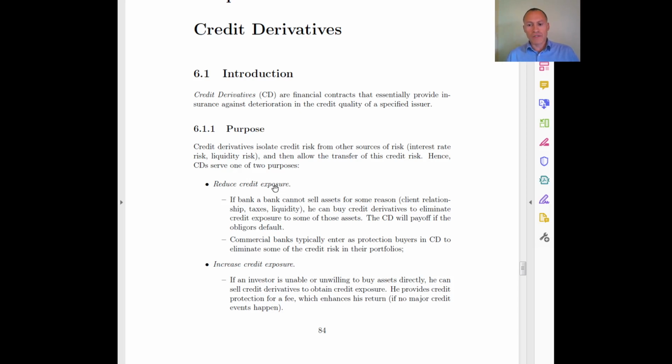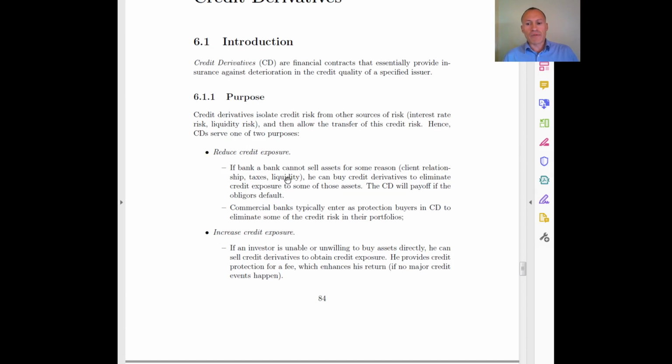Right. So there are typically two types of agents in this market that may want to either reduce their credit exposure or increase their credit exposure. For the first option, reduce credit exposure, you can think of a bank. Think, for example, of a commercial bank that has a large portfolio of loans that they have given to their clients.